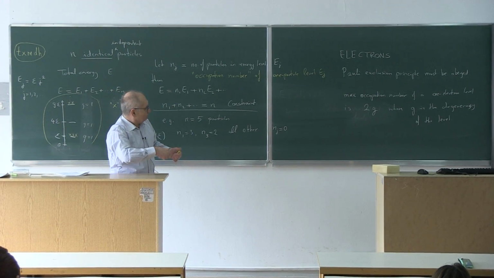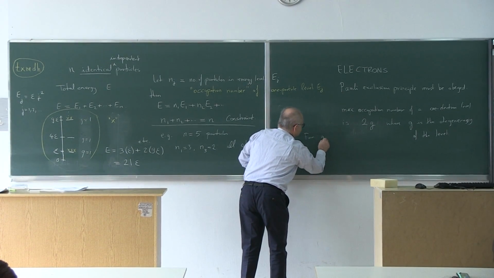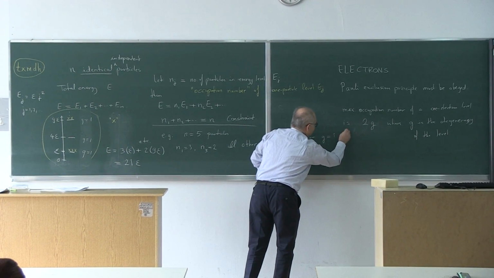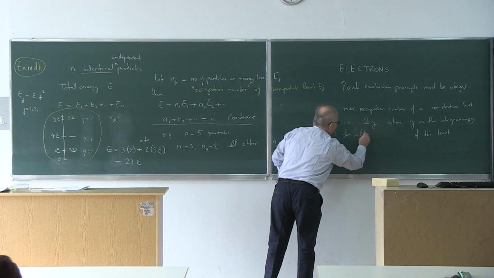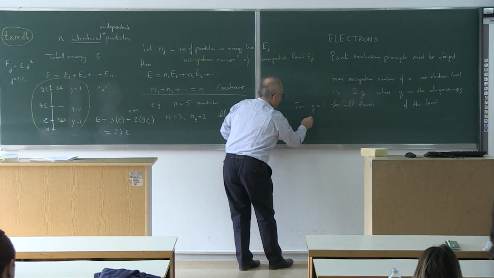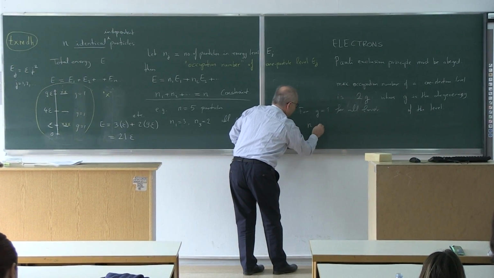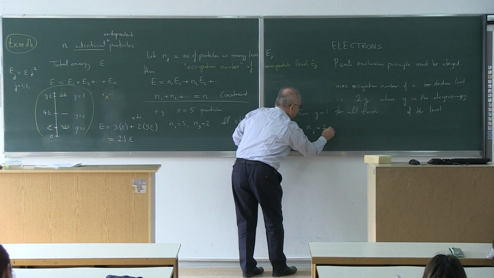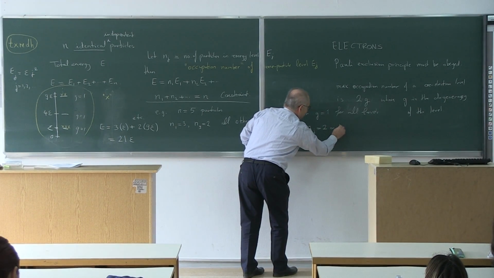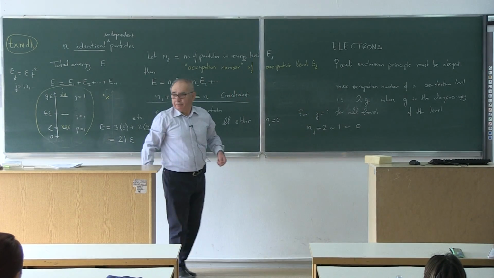So, for g equals 1 for all levels, Nj could be maximum is 2, or 1, or 0.